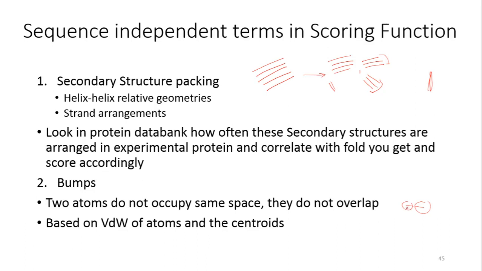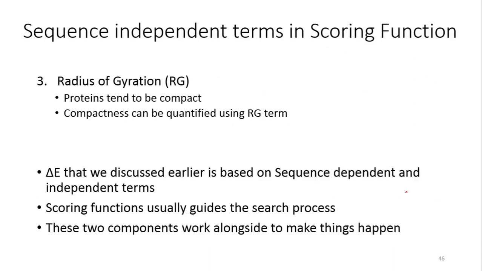So, based on this van der Waals distance of atoms and that of our centroid, if you end up generating a configuration that has overlapping atomic coordinates, you need to score it low or even reject such a configuration. So it is another feature that can be used to distinguish a good fold from a bad fold.